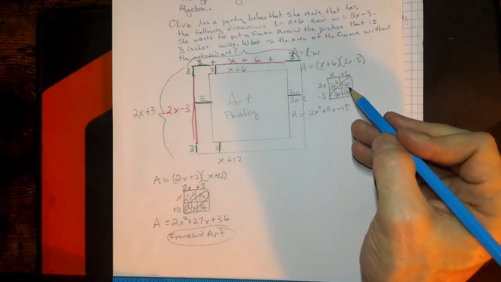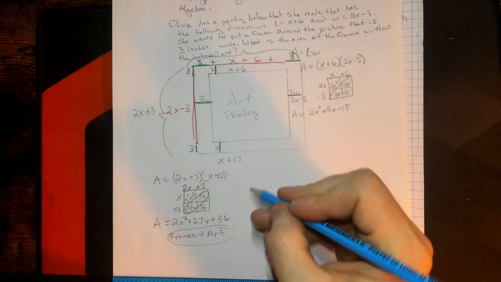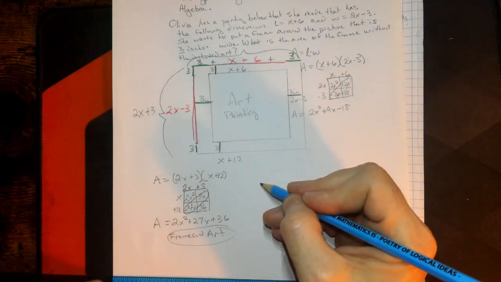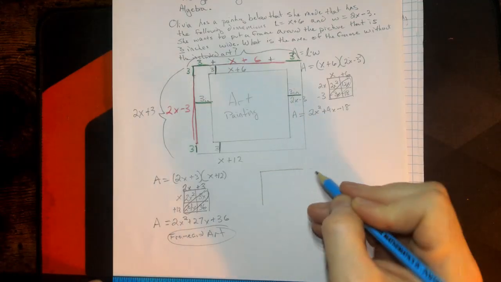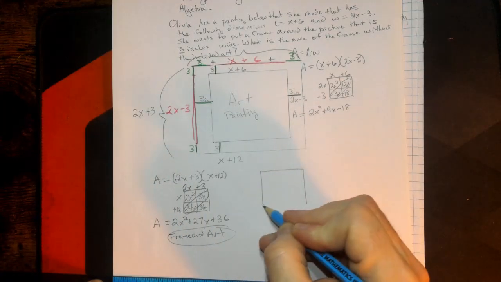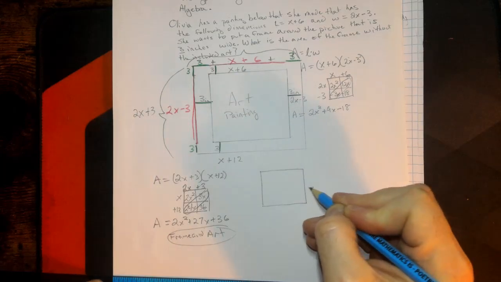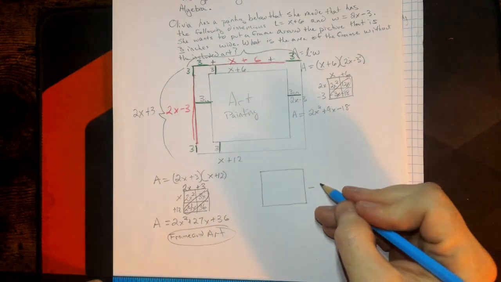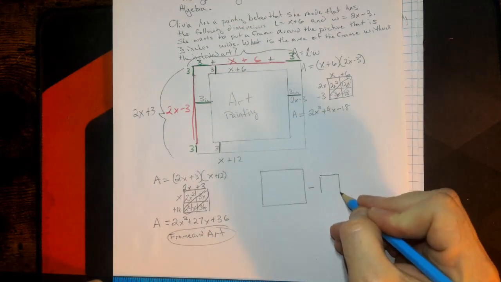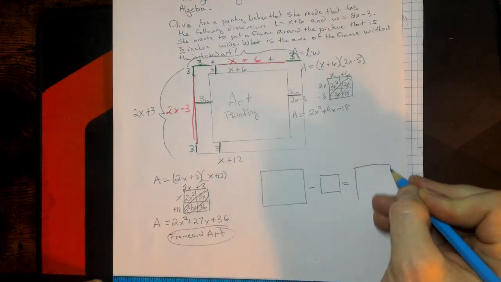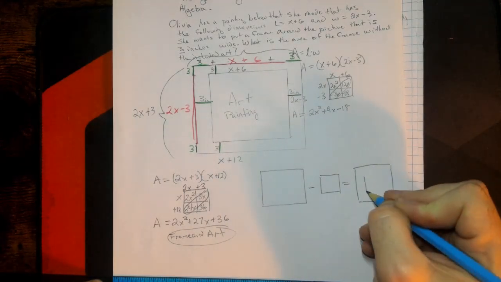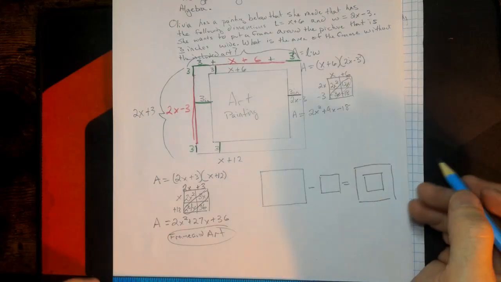But what do we have here? We have the area of just the art. So if I take the area of both the frame and the art, so I'll take this box, and I subtract just the art, right? I take this art out of it. What am I left with? I'm left with the frame. And that's why I said this is a typical polynomial frame problem that you will come across.